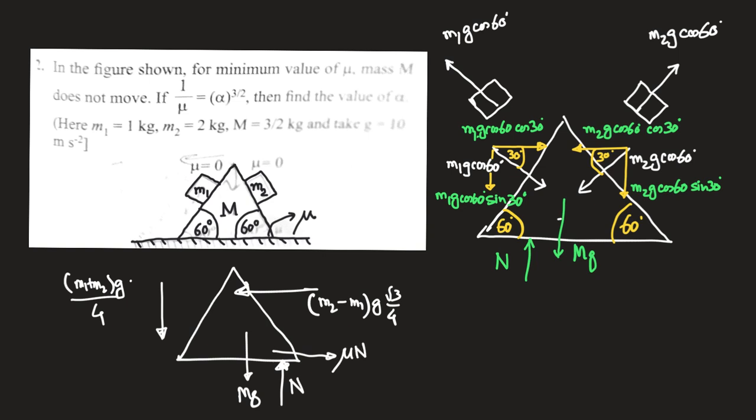So therefore you know N, the normal reaction, is equal to (m1 plus m2) g by 4 plus capital Mg. 1 plus 2 means 3g by 4, plus capital Mg means 3g by 2, that is it comes out to be 4, you have 9.